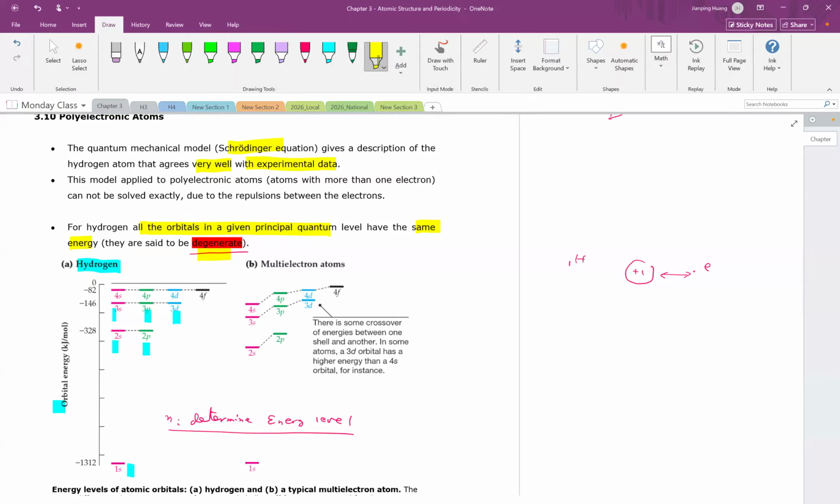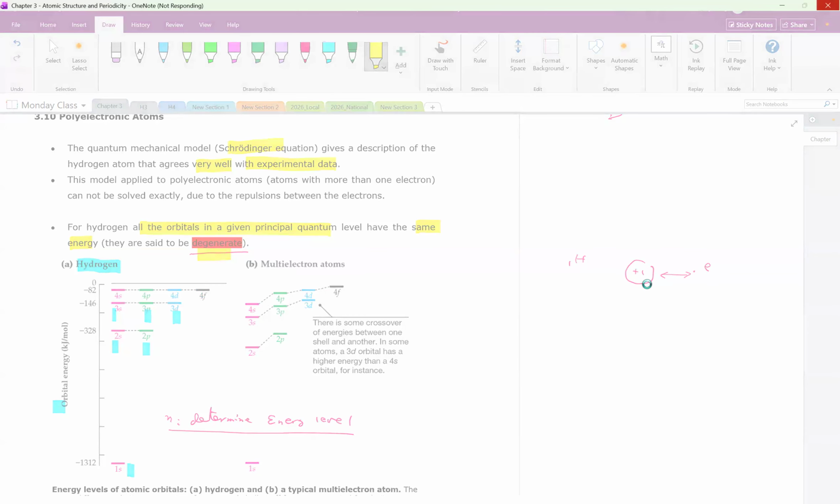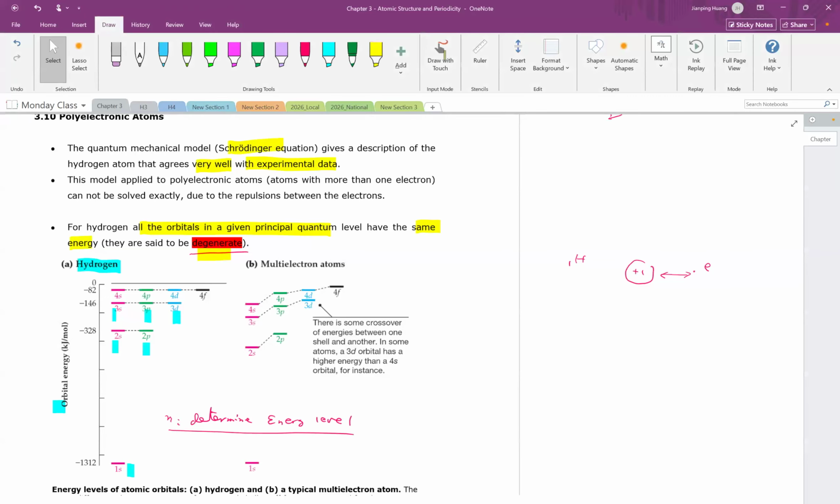The reason, as you know, is that you only have one proton and one electron, so the energy level is only determined by N. Now, I want to look at multi-electron atoms, such as helium.